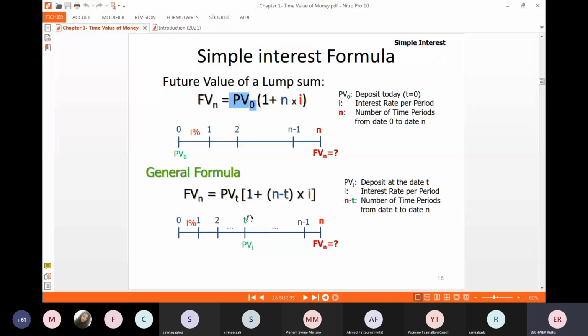For example, if you invest your money at the date 1 and you want to compute its value at the date 6, the number of periods of interest from 1 to 6 is 6 minus 1, 5 years of interest. So we will put the number of periods of interest here between parentheses multiplied by the interest rate. It will be n minus t, the number of periods, times the interest rate.